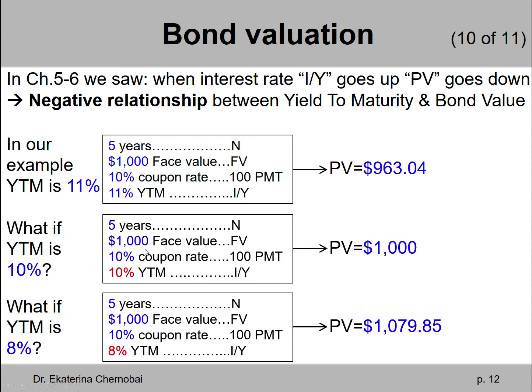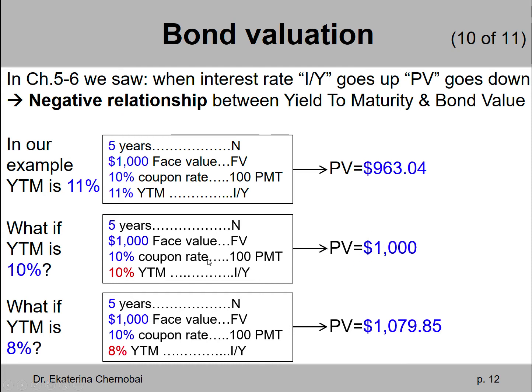In our example, they are both 10%. You will always get the bond value of $1,000. You will always have $1,000. Even if the coupon rate is, let's say, 15% and the yield to maturity is 15%. As long as they are the same, you will always be getting $1,000.